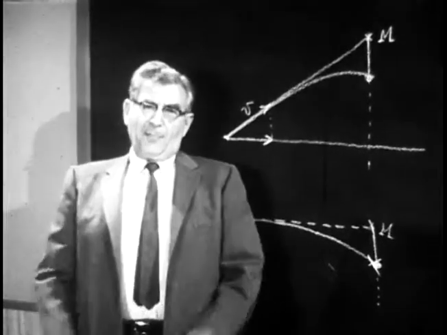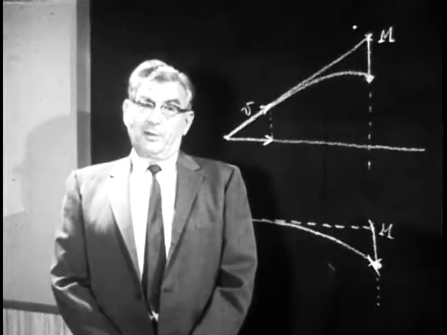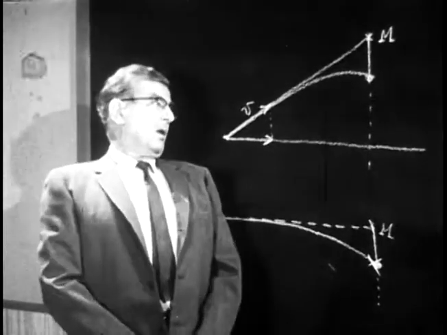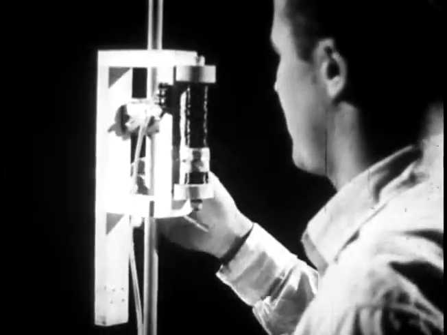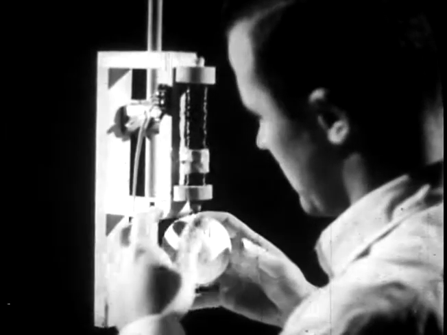Now, does this really happen when you do an experiment? Well, we're not going to shoot a monkey, but we're going to do an experiment which does exactly the same sort of thing. This magnet and ball, which you've seen before, now represent the tree and the monkey.